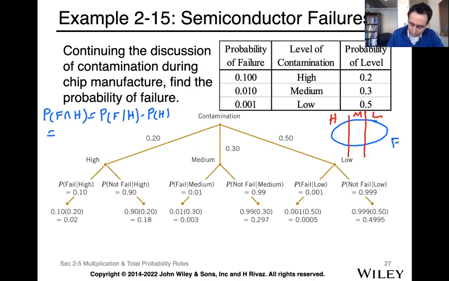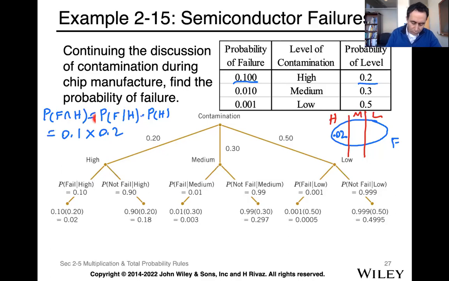So the probability of failure given high is this number, 0.1. The probability of high is 0.2. So 0.1 times 0.2, that's 0.02, right? So similarly, I have to calculate this, and I add them up and I get the probability of failure.